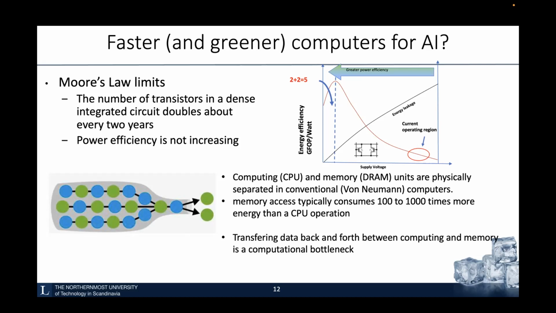The next thing to mention is this bottleneck of the von Neumann architecture, the bus between the microprocessor unit and the memory. This is another limiting factor, and in principle another place where one can do optimization.